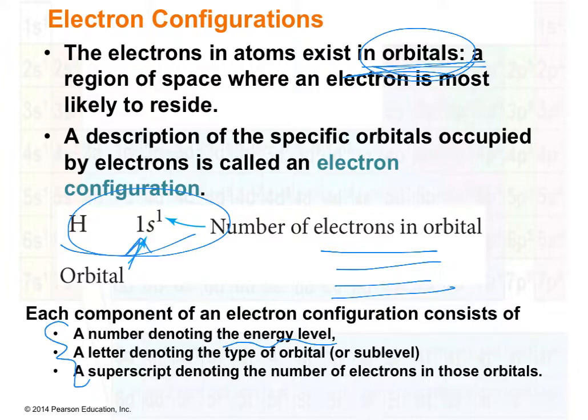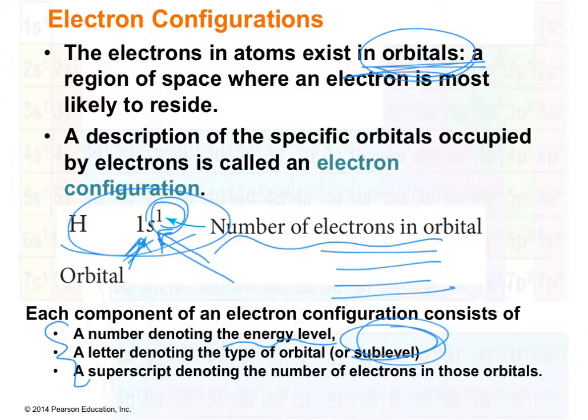The letter represents the sublevel, the type of orbital S, P, D, or F, also referred to as sublevels within the primary level. And the superscript represents the actual number of electrons in this particular sublevel.